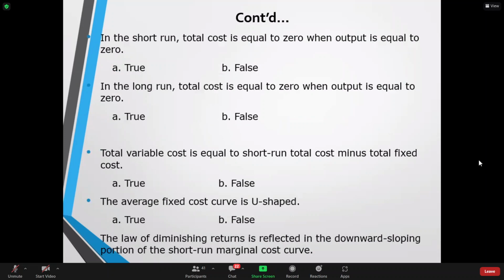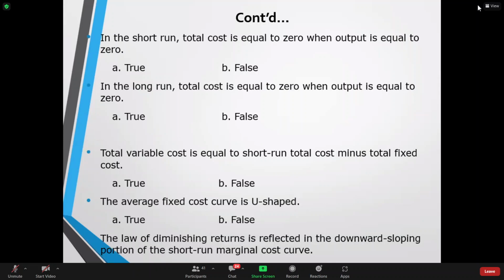Okay. Look at this one. In the short run, total cost is equal to 0 when output is equal to 0. True or false? You can talk.